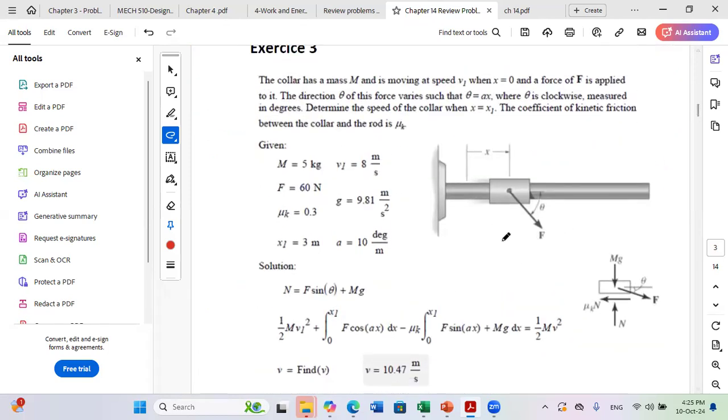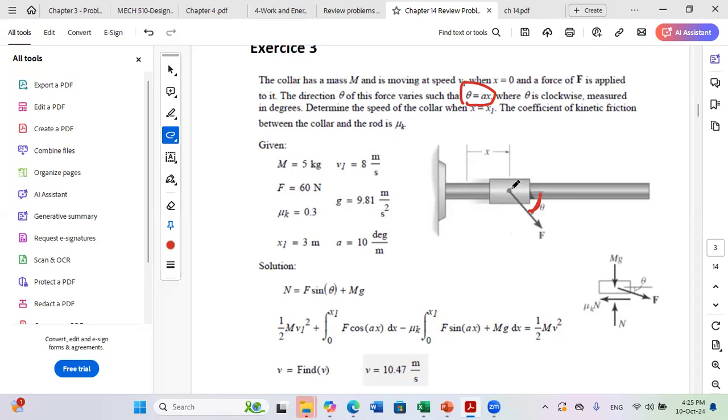For example, in this problem, the important new thing is to pay attention when a force or angle is varying. So here, for example, the direction theta is changing. So theta is a function of x. Whenever you have a variation in magnitude or in angle, you need to do integration to find the work.